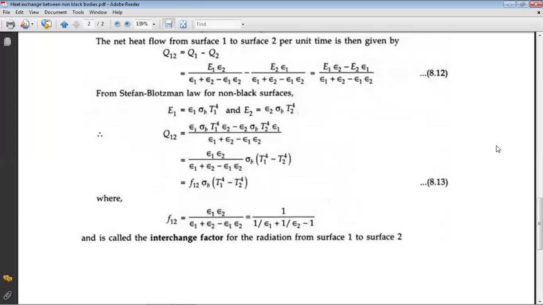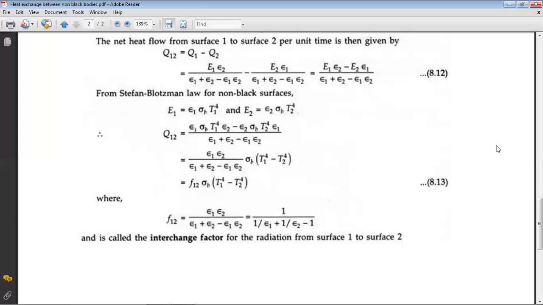Now, if a surface is completely enclosed by a second surface, say the first surface is A1 and the second surface is A2, A1 is completely enclosed by surface A2.